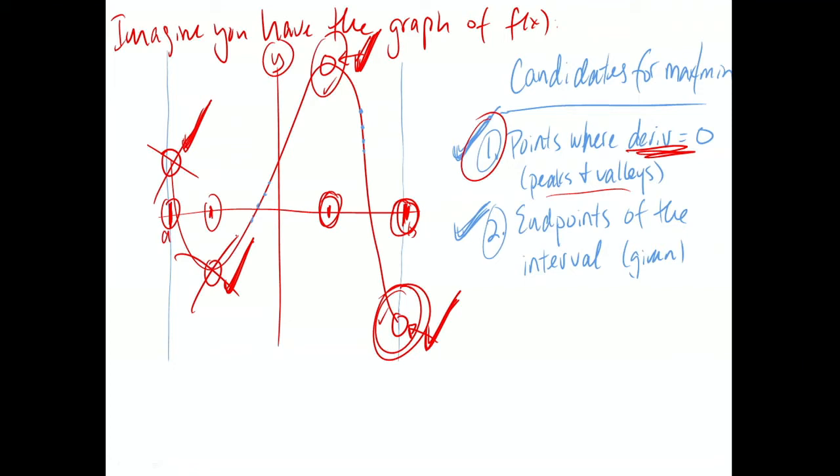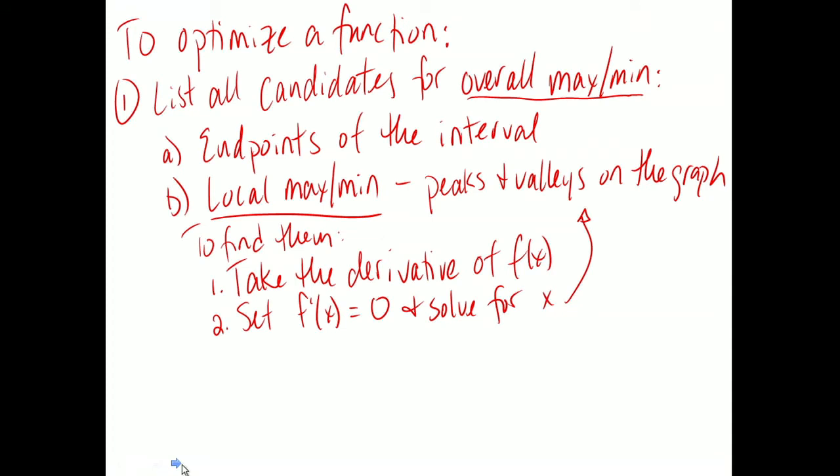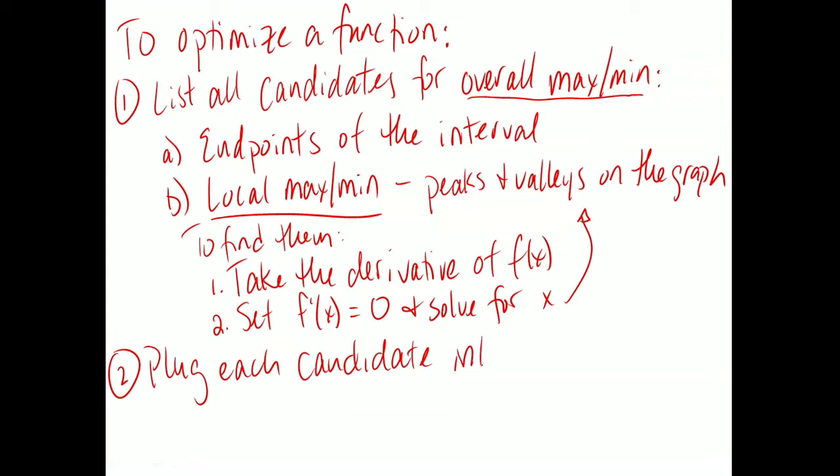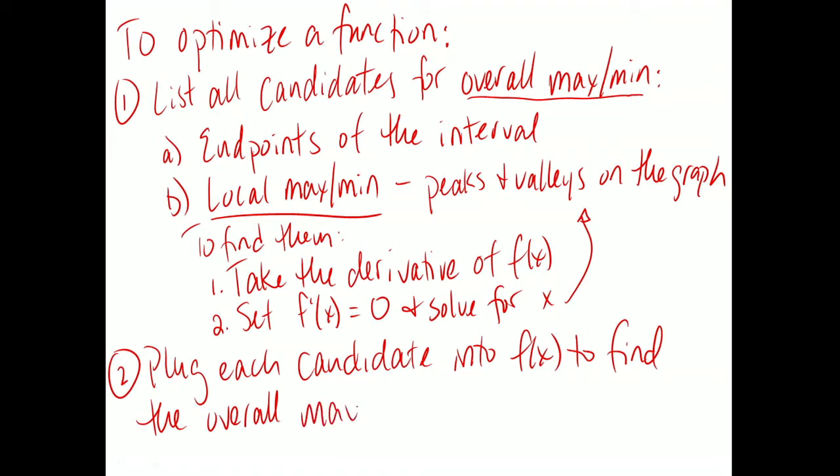And so I want to do the same thing in my general strategy chart here of how I am going to do this. Well, step 1 is to get all your candidates organized. And then step 2 is pretty simple. I'm going to plug each candidate into my original function, f of x, to find the overall biggest and smallest.